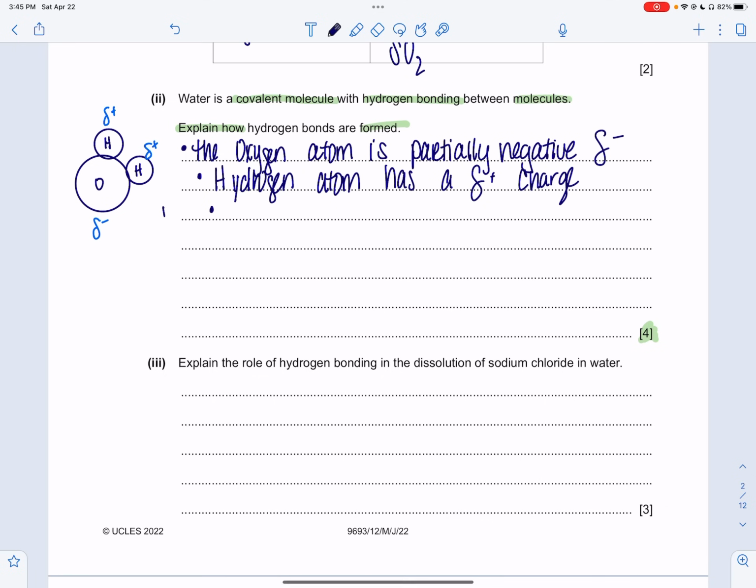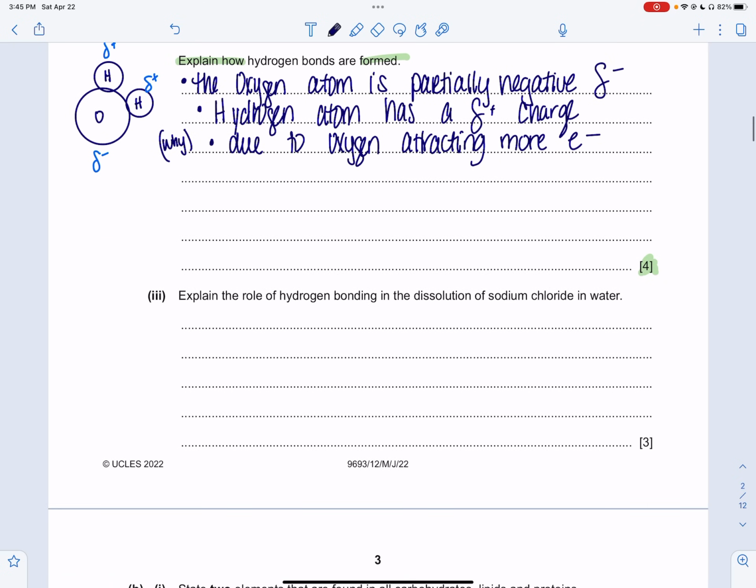And then here's your explain, this is like the why. Due to oxygen attracting more electrons. And you're welcome to also refer to that as electron affinity, if that's something you're familiar with from chemistry.